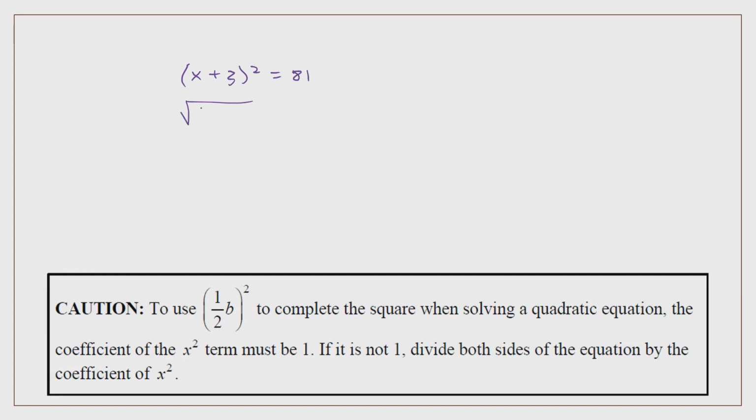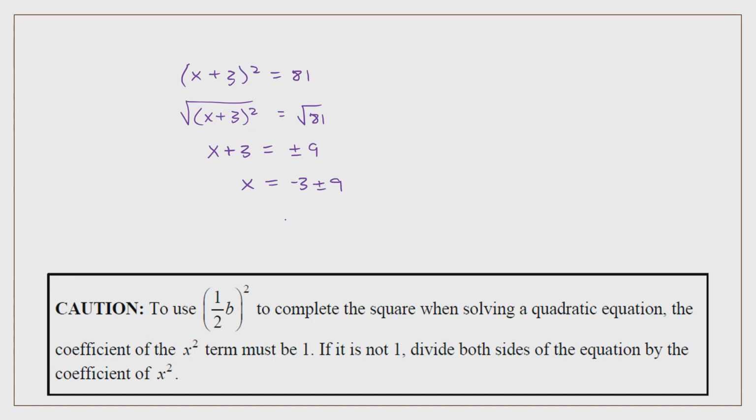We'll take the square root of both sides. Then we'll simplify. So we'll have x plus 3 on the left-hand side, and then plus or minus 9 on the right-hand side. To get x by itself, we'll subtract 3 on both sides.